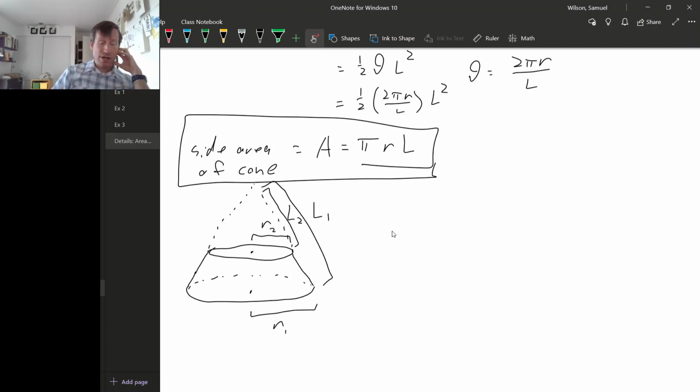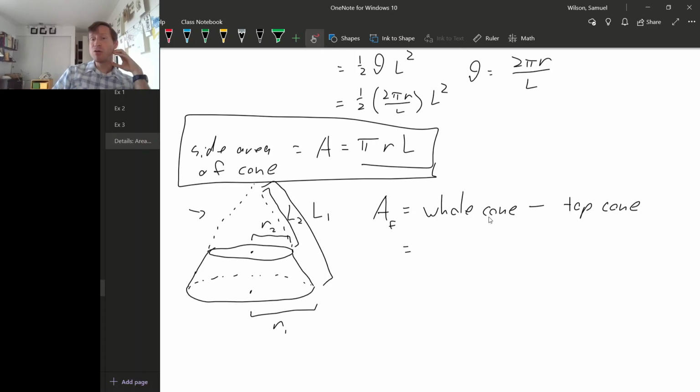Okay, so the total area of the frustum of the cone, so area of the frustum, A sub F, I guess, is the area of the entire thing, the whole cone, minus the area of the top cone, which is the part that we've cut away up at the top here.